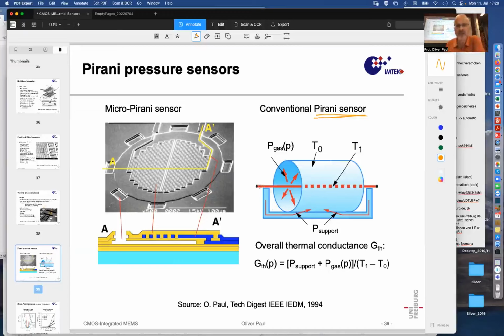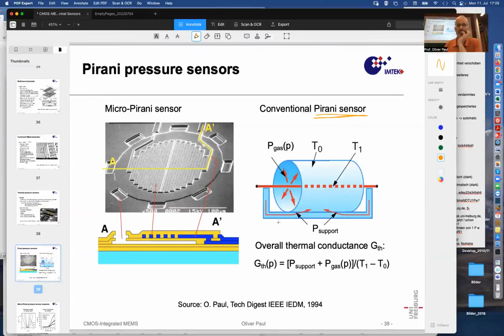And the sensor is easy. You have a heating wire in the center of a cylinder. The cylinder is connected to some support and has temperature T0. The heating wire is connected to electrical connections, which ultimately are also connected to the same physical structure in which this whole sensor is mounted.